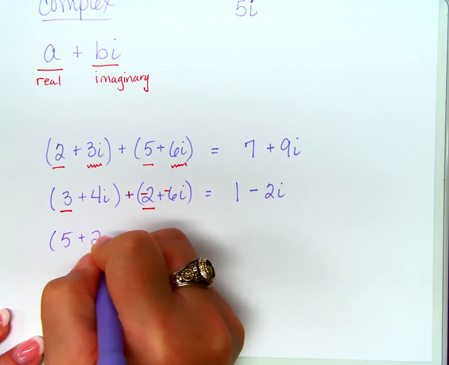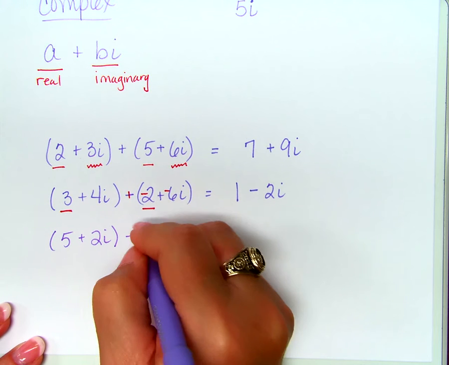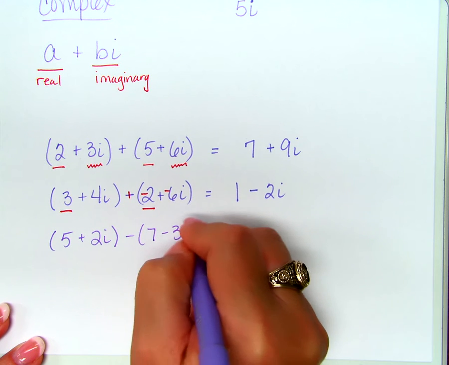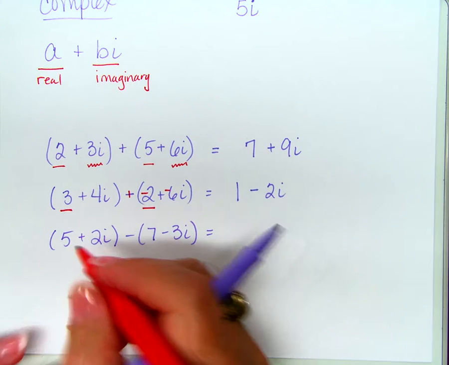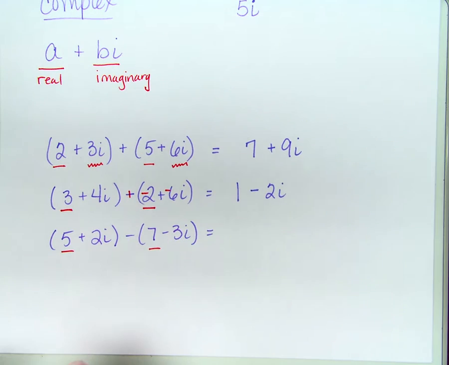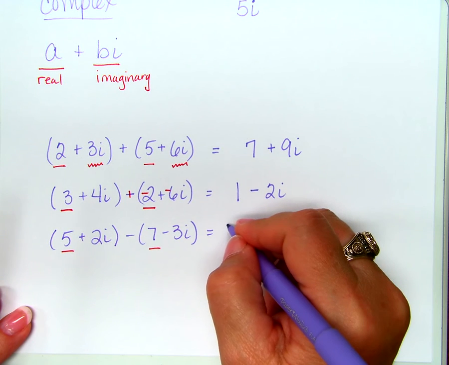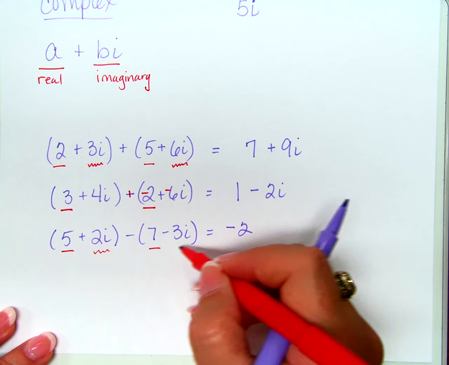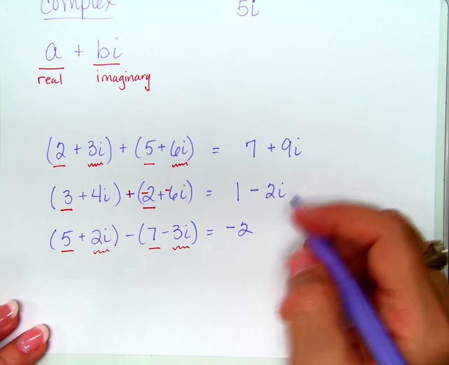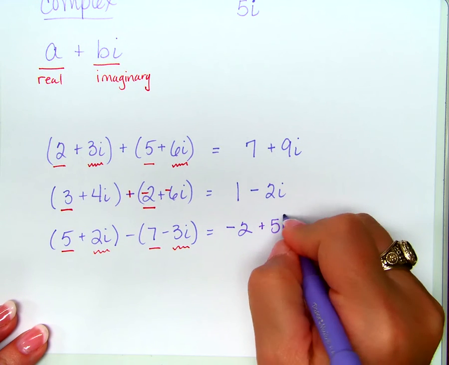5 plus 2i minus 7 minus 3i. Real parts? -2. Imaginary parts. 5i. Why is it 5i?